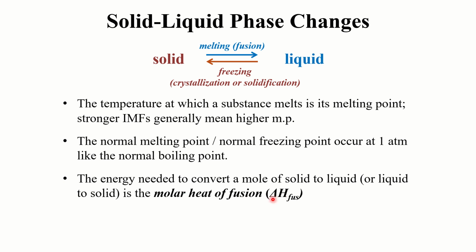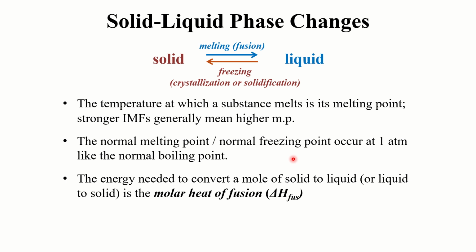Molar heat of fusion, or delta H FUS in the subscript. And remember, this also applies to a liquid to a solid. It's the same magnitude of energy change. You'd just be reversing whether you're adding or removing energy from a substance, depending upon which direction the phase change is going.